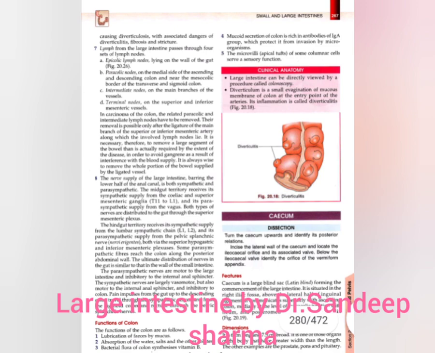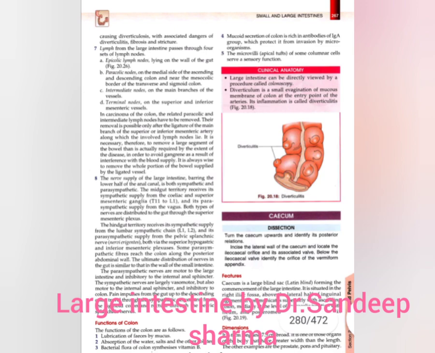Up to now it was the general features of the large intestine. So now we will go to the part-by-part study of the large intestine. The large intestine starts from the cecum. The cecum starts from the ileocecal junction of the small intestine and large intestine, and the cecum is a large blind sac forming the commencement of the large intestine.